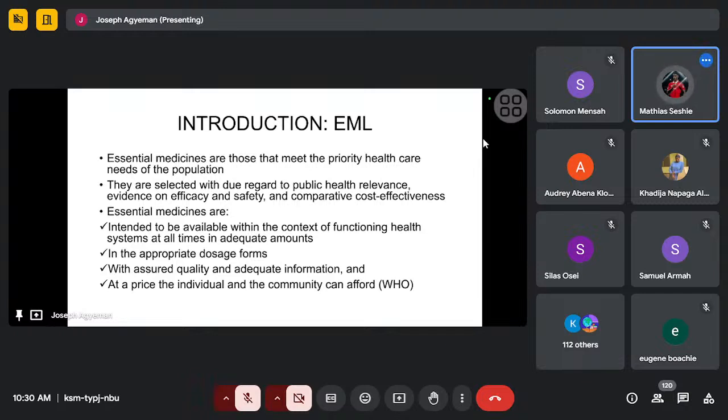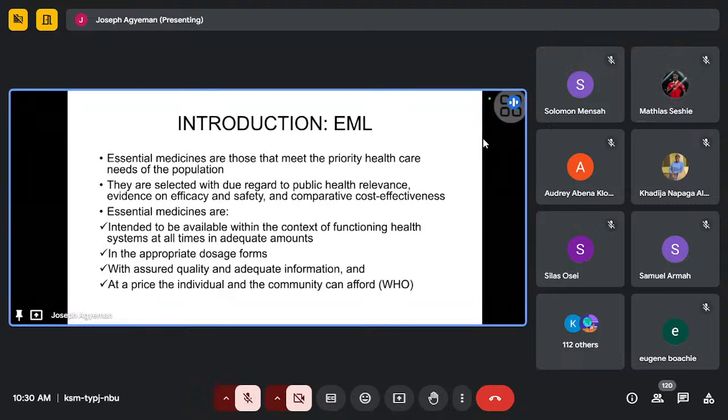For drug A and drug B, in terms of cost and outcomes, if let's say drug A is cheaper than drug B, but in terms of outcomes they have equal efficacy, we can say it's cost effective.